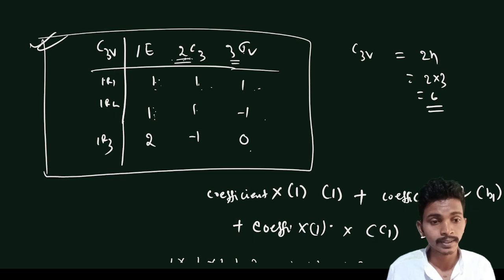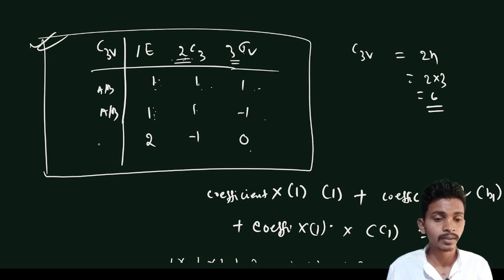So for the first, the principal axis, this is 1, the identity, so this is 1 1, so A or B; here I have to use A or B, and here 2 means E will come. Now the principal axis is C3, so here it is 1 1 minus 1.